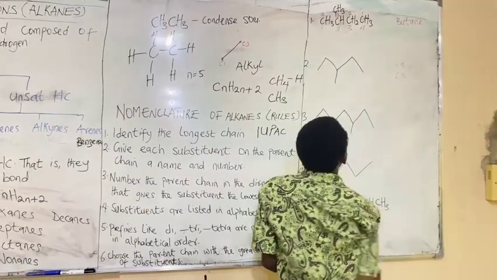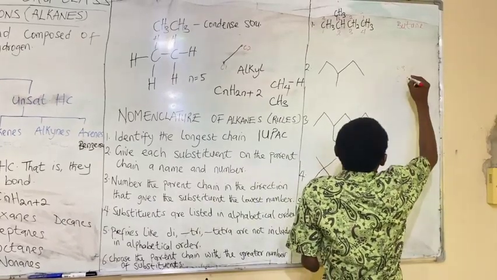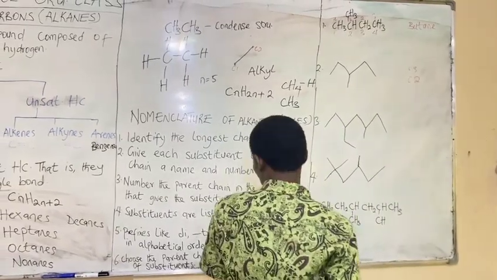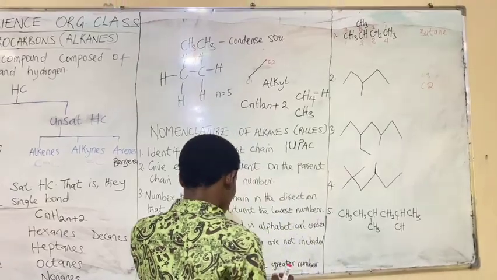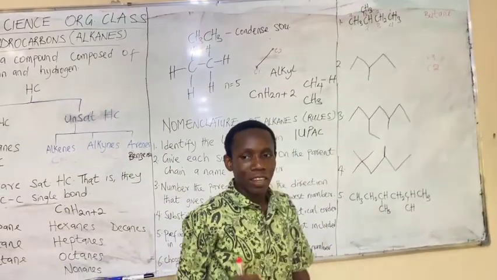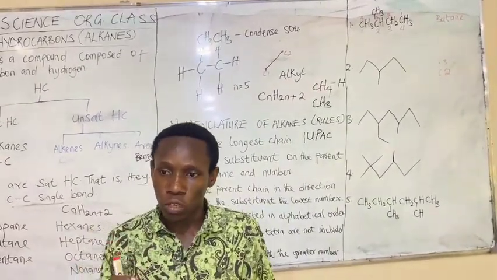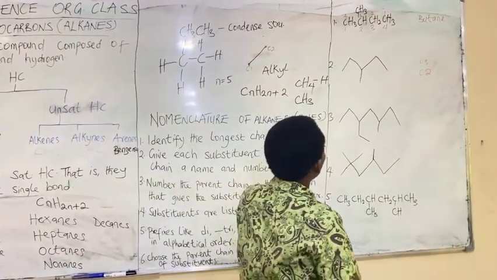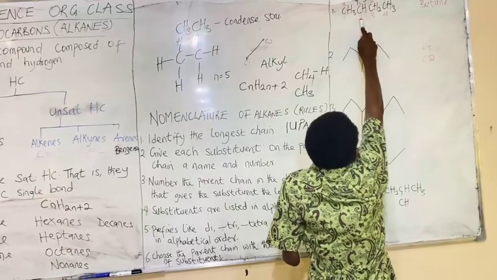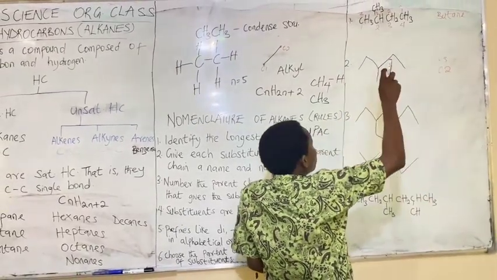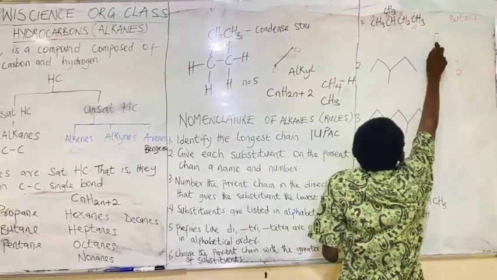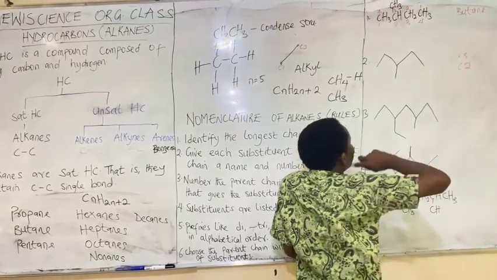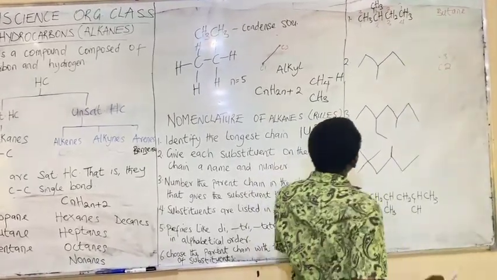Carbon 2. But the rule says that we should number the parent chain in the direction that will give the substituent the lowest number, and that is what we are going to do here. Since numbering from here gives the substituent the lowest number, we are going to take this route.